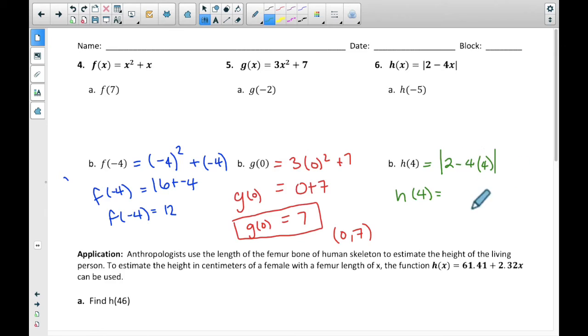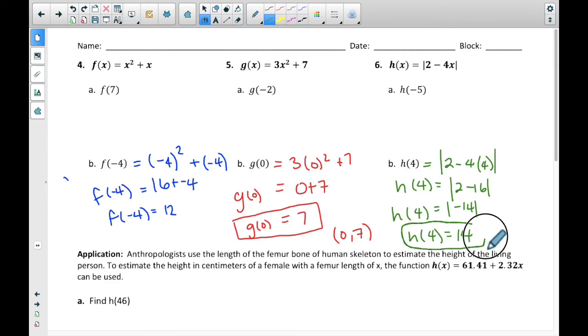So 2 minus 4 times 4, that's 2 minus 16. That's the absolute value of -14. Now, absolute value means you make it positive. And so our final answer, h of 4 is 14. You plug in a 4, you get out a 14.